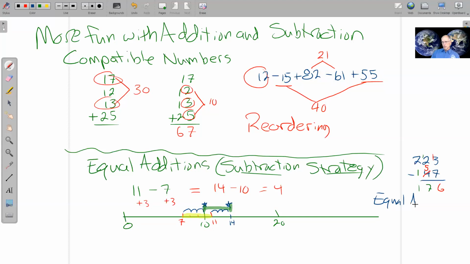So equal additions works because the numbers stay the same distance apart.